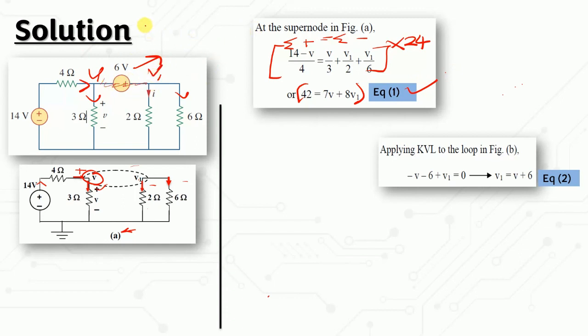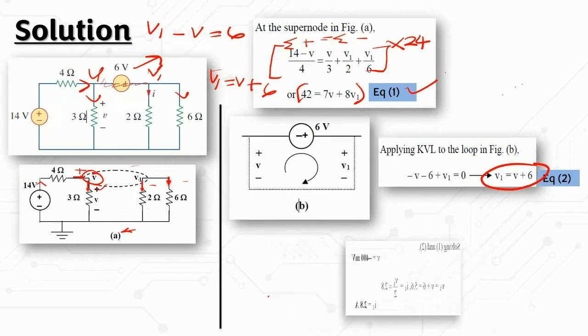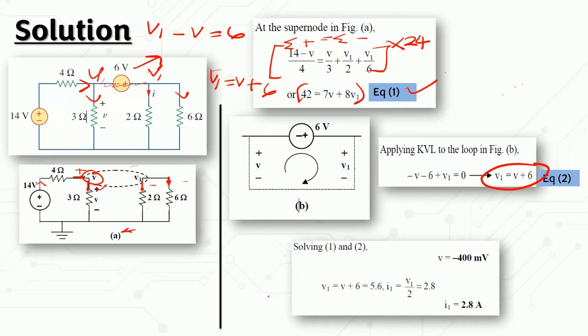Obviously, your supernode here, V1 minus V equal to 6, so you will have V1 equal to V plus 6. Okay, so this is your second equation. And then when you have both equations, you can do the arrangement for these two equations to solve for V and I.